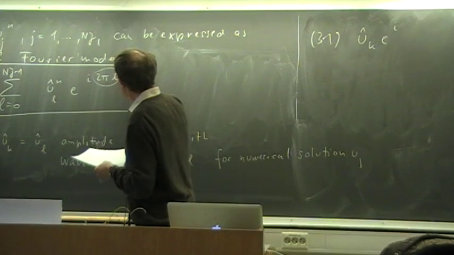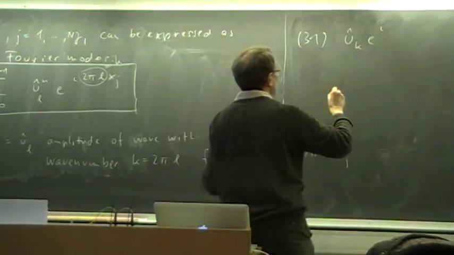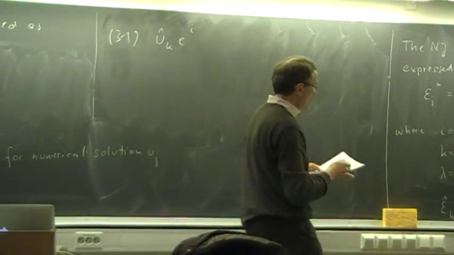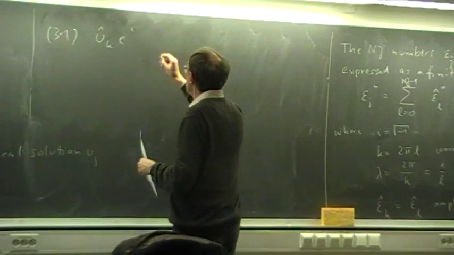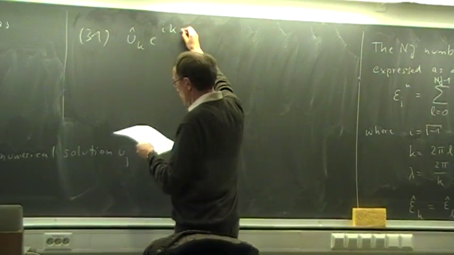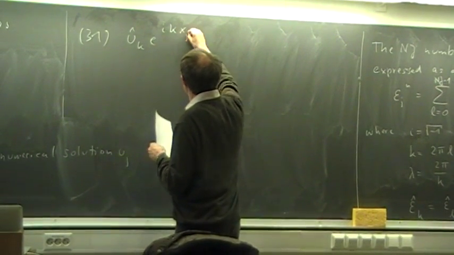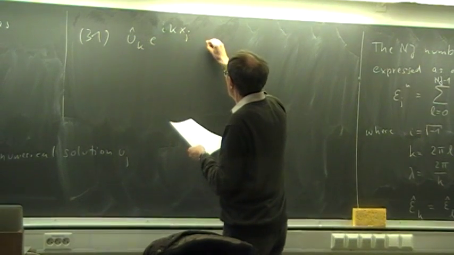That is what we argued here, this is the wave number. e to the i k x_j is called the Fourier mode.